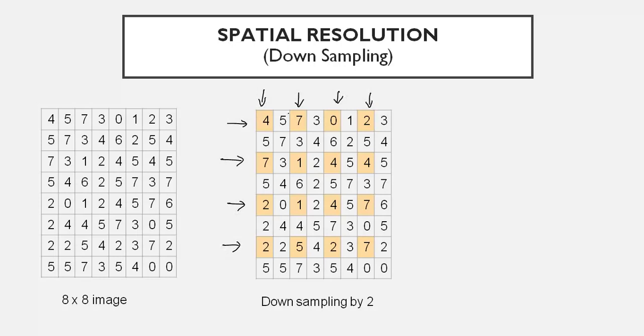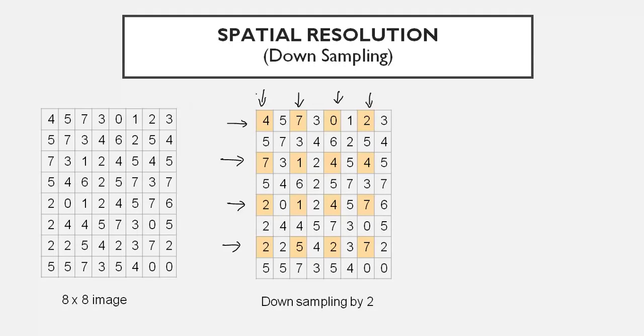So all the highlighted pixels here, pixels belonging to highlighted rows and columns, will be retained in the new image, and all other pixels would be discarded. And once we have discarded them, if you want to get them back, it is not possible. There are techniques to get the image back to its original size, but for now we are losing this data.